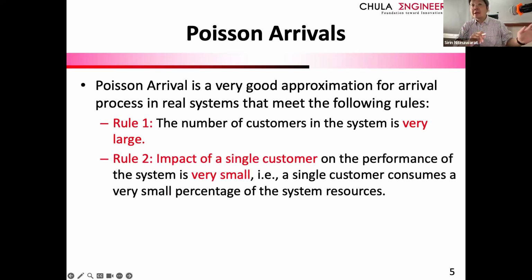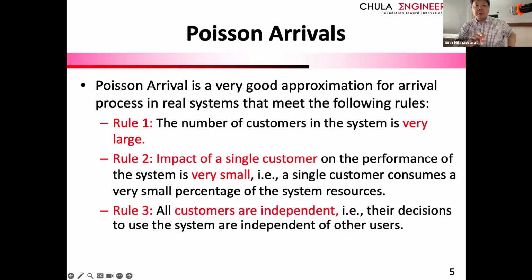So the pool size is very large compared to the system, right? And as a consequence, for a Poisson arrival process to be feasible, the impact of an individual customer should be insignificant, right? So it's only the aggregate of all customers that are coming in that will matter, right? But each one will use the system resource very insignificantly.